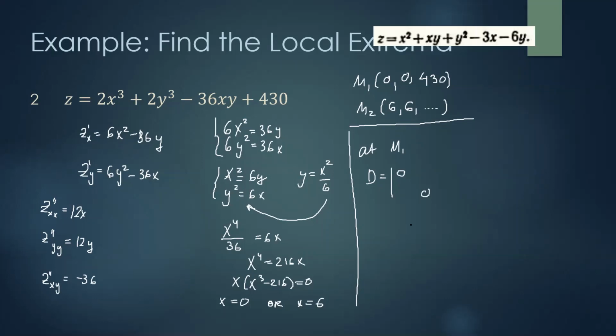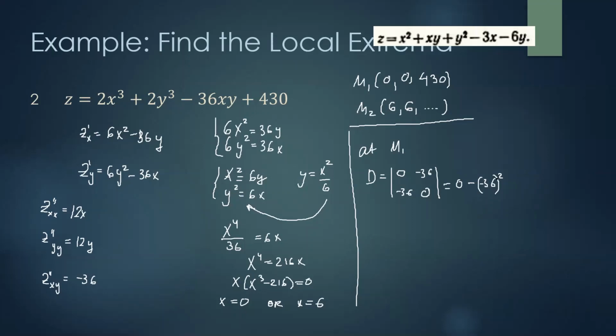And this is minus 36. We see that we have 0 minus 36 squared. It's negative 36 squared, but you know that a square is always positive. So this determinant is actually negative.